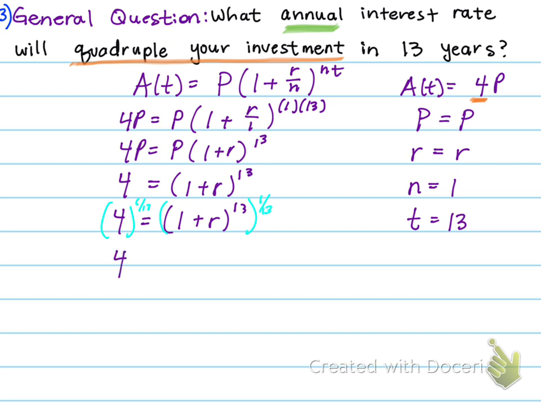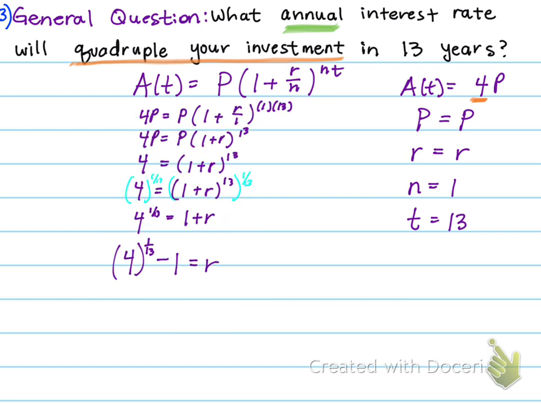So my final answer is going to be 4 to the power 1 over 13 equals 1 plus R, and I have to subtract 1 again, so 4 to the 1 over 13 minus 1 equals R, and let's find out what that is.